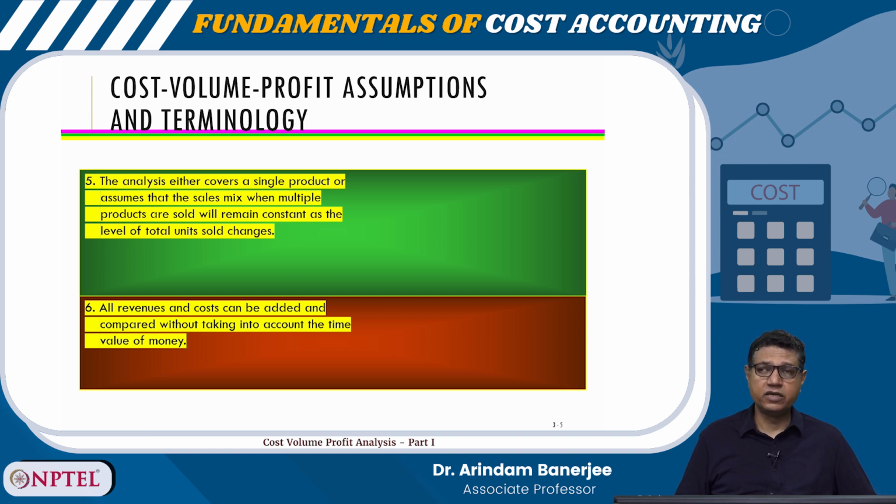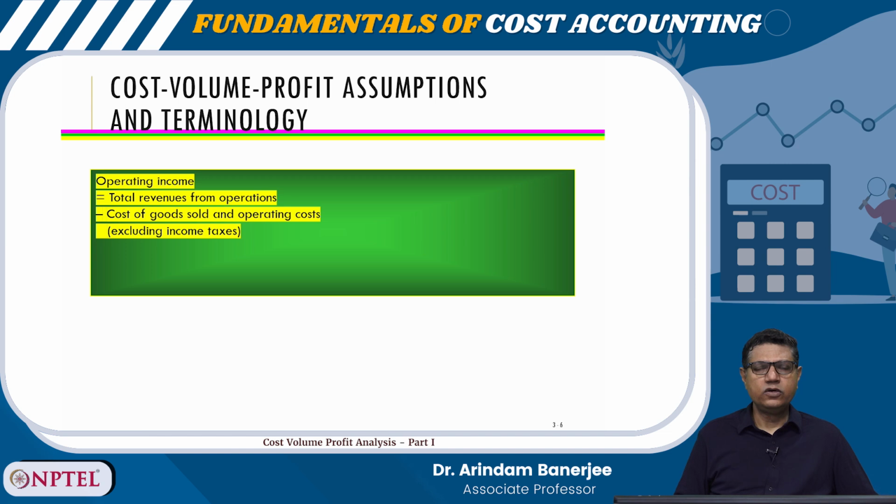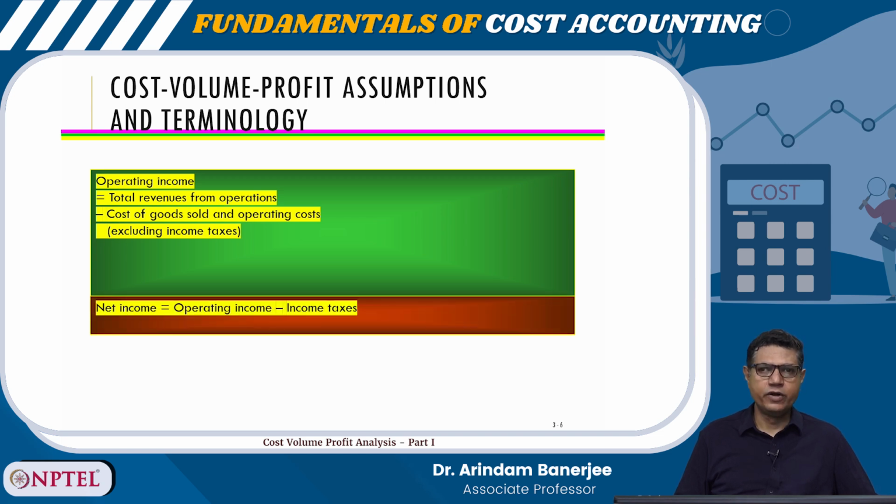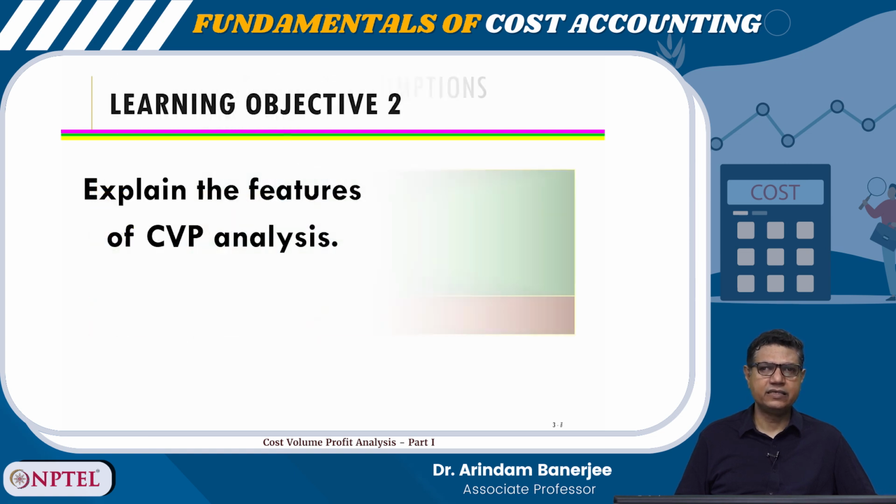Because we are using the CVP analysis for short term decision making, the concept of time value of money we will not consider here. So, operating income I can write like this: total revenue from operations minus cost of goods sold and operating cost. We are currently not including the income tax at the moment. So, net income is equal to operating income minus income taxes.